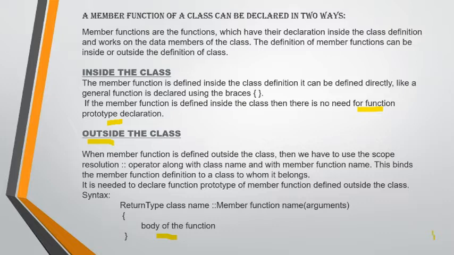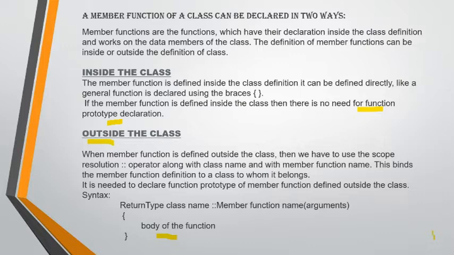The function definition will be outside the class, but the prototype of that function will be inside the class. And to define the body of the function, we have to use this format or syntax.